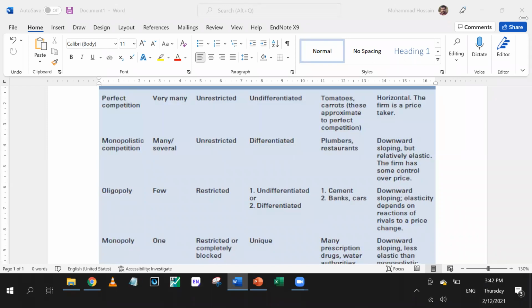When I say market, I mean demand and supply. By demand, I'm referring to a group of people who are my consumers, and by supply, I mean the producers. So the producers, the sellers, and the buyers, these 2 groups will determine the price.